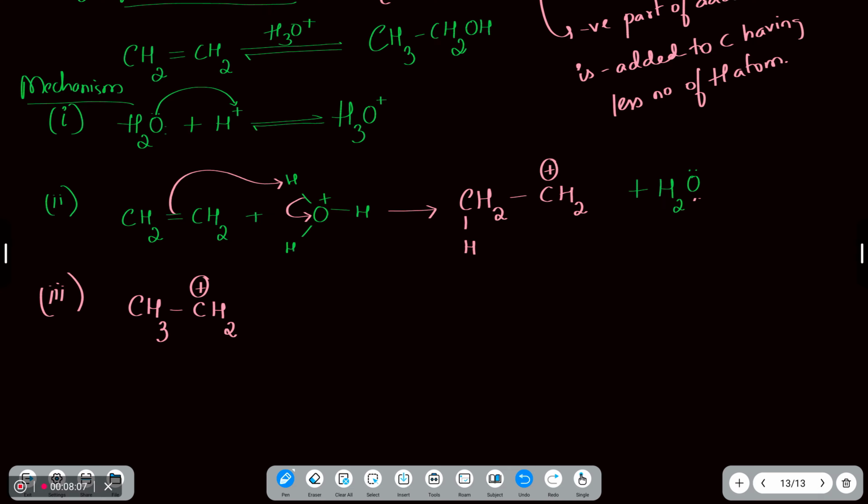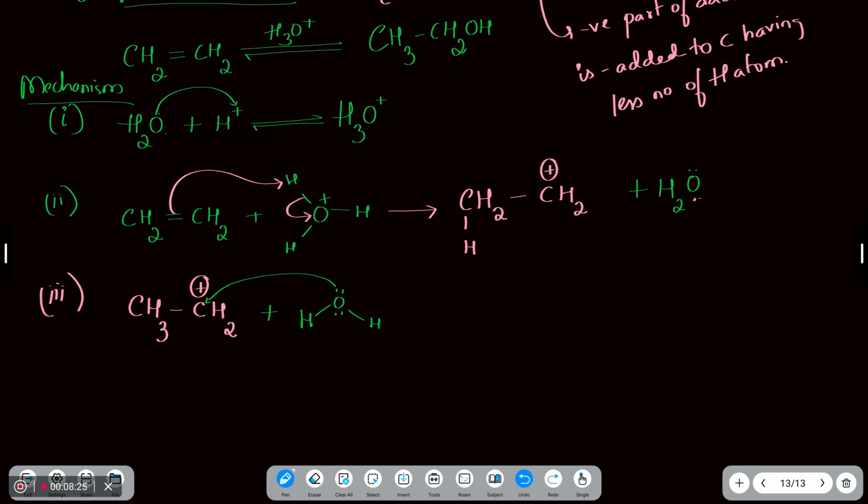Next, what do we do? We'll bring the water back, write the structure of water properly, and who will attack whom? Oxygen's lone pair will attack the carbon.